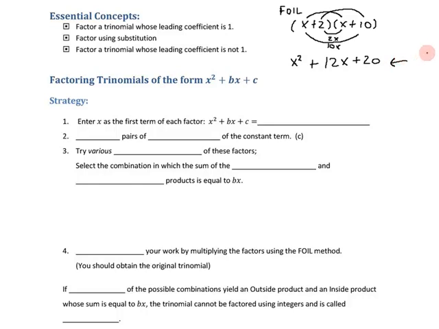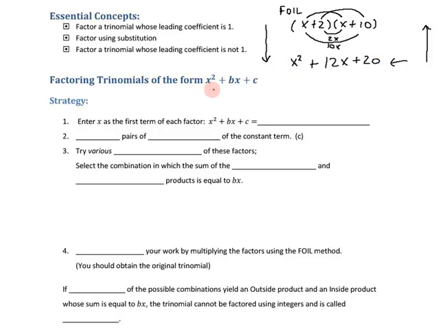What we're going to want to try to do is, instead of going this direction that we just went by multiplying out, reverse the process and end up with the factored form. So the real question is, how do we figure out what goes inside the binomials when we start with a trinomial?